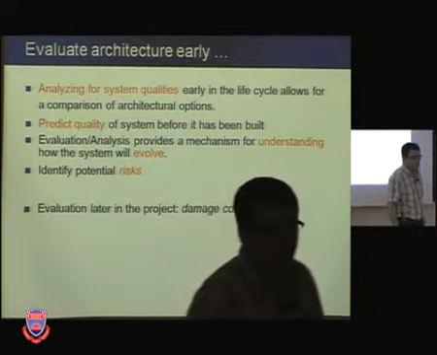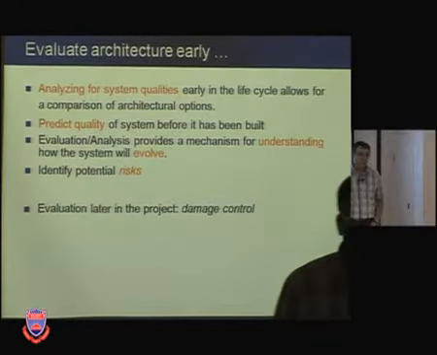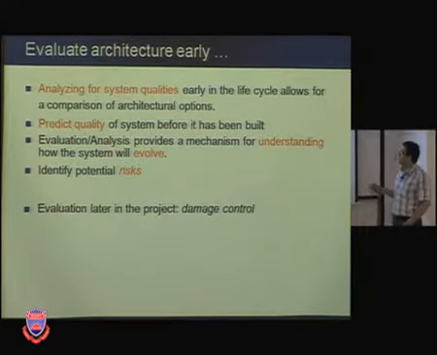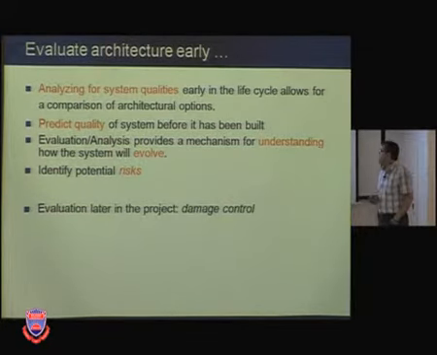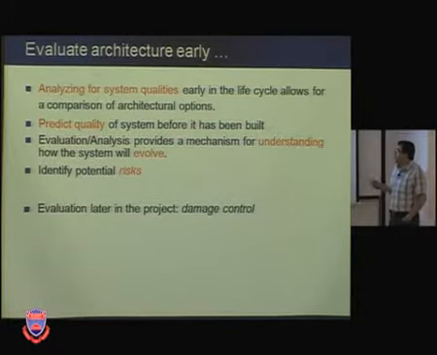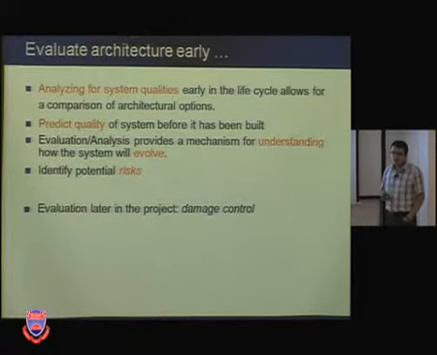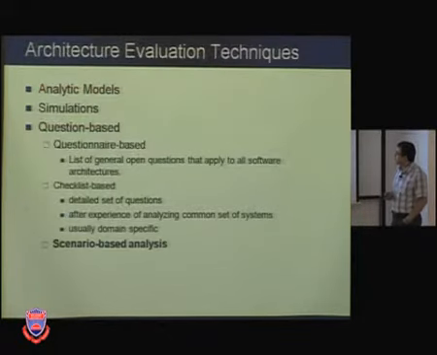Otherwise, we said we will just have damage control. So we have to analyze the architecture early on for system qualities. We can predict, if we do it early on, the quality of the system before it has been built. We can evaluate and we can identify potential risks. Okay? This was the issue that we discussed last week.